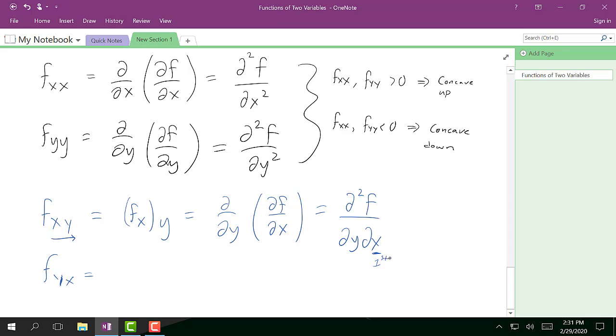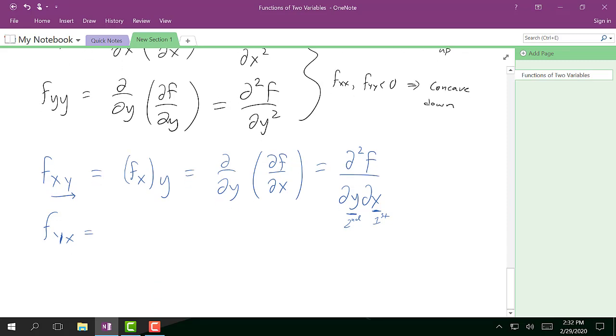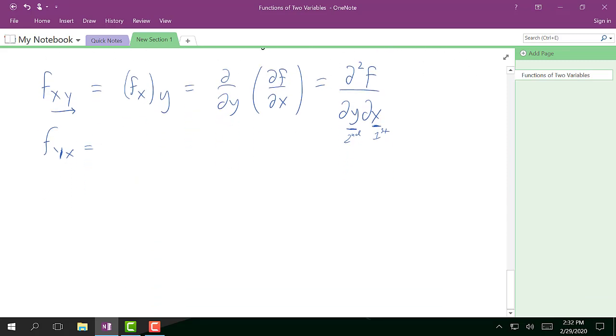So first we take a partial derivative with respect to x, and then a derivative with respect to y. And again, I'll do this one a little bit quickly. Now what we're going to have is the flip, so partial x, partial y.